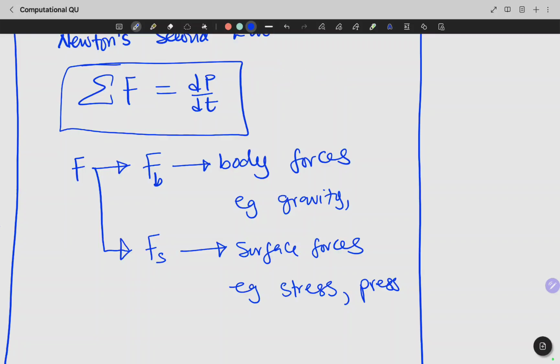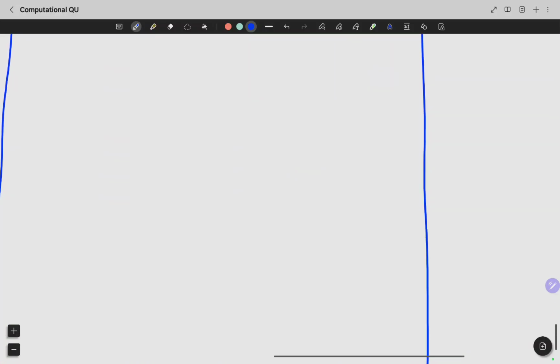These are surface forces. So we can now rewrite. We can say, okay, dp dt, the change in momentum of the fluid, can be approximated. This is an approximation.